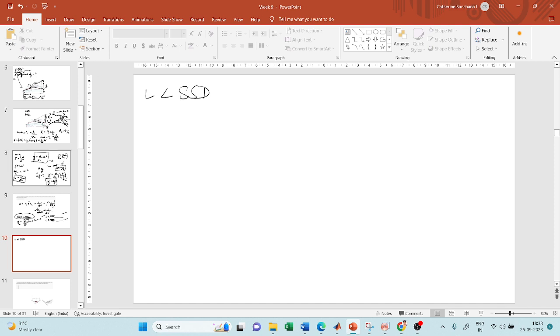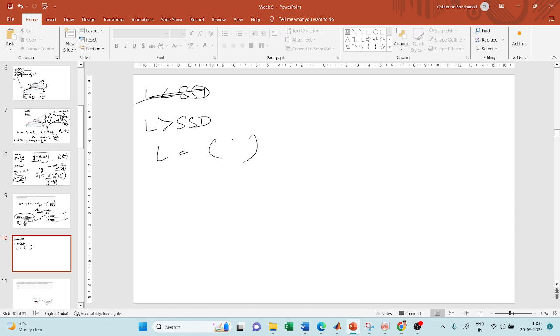I missed the formula somewhere, but first let us go with L greater than SSD. You can pick either of the two. I will tell you the step first. First, just assume that L is greater than SSD or less than SSD. Then using the formula, find out what L is.